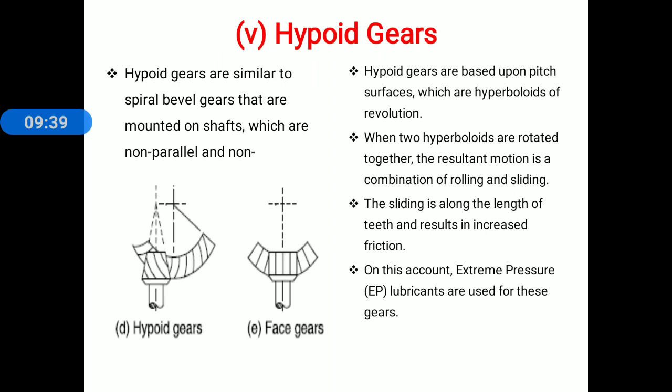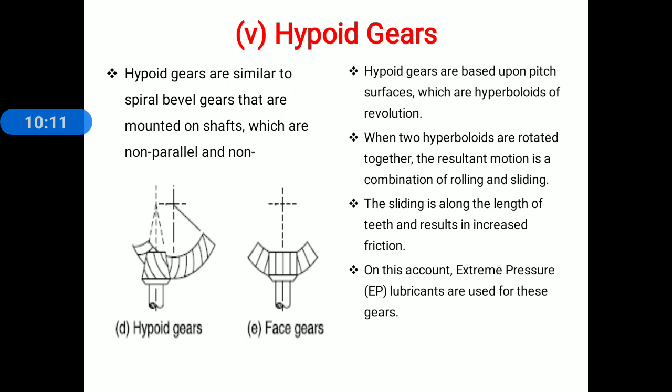Hypoid gears are similar to the spiral bevel gears that are mounted on shafts which are non-parallel and non-intersecting. That is shown in figure D. Hypoid gears are based upon pitch surfaces which are hyperboloids of revolution.